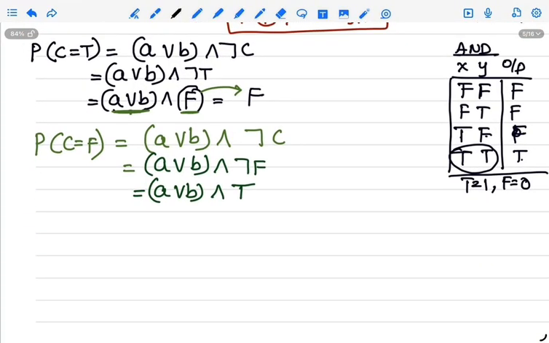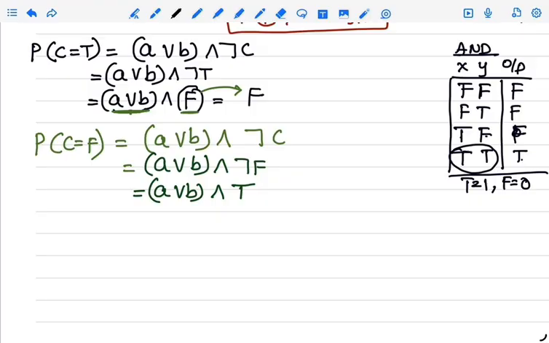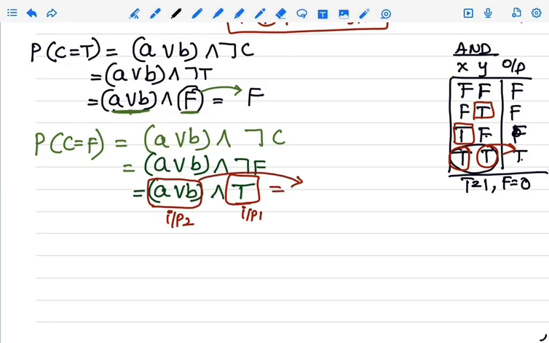In the AND gate one input is true, so the output depends on the other input, A or B. We don't know whether it is true or false, so the result is just input 2, that is A or B. This is the second result, and that was the first.